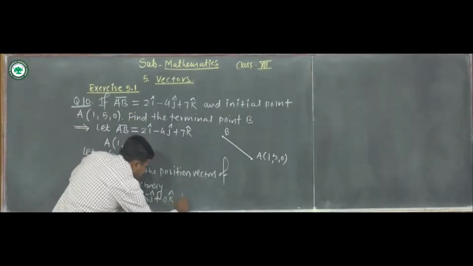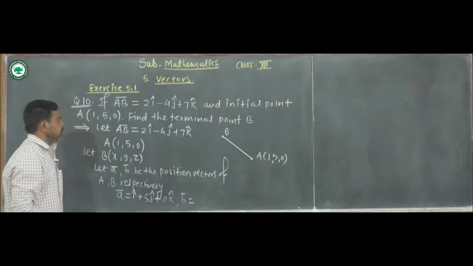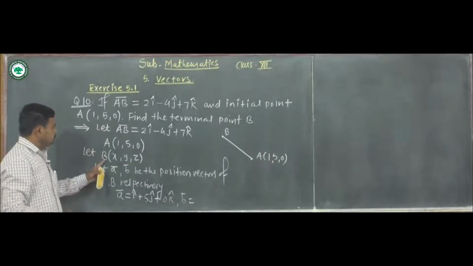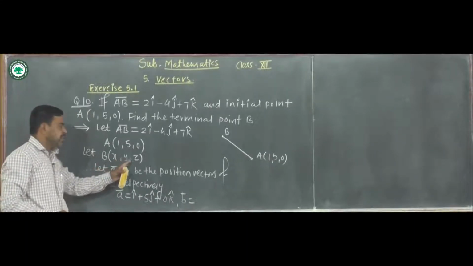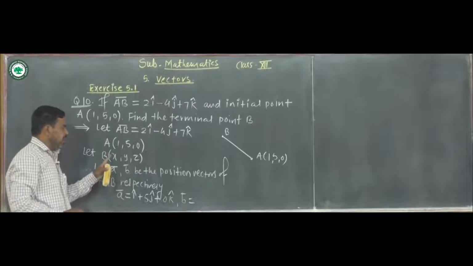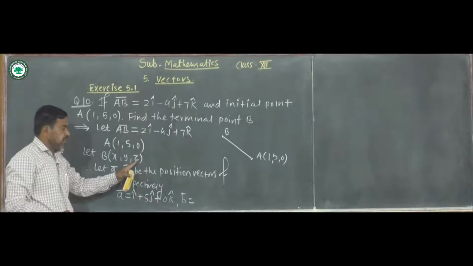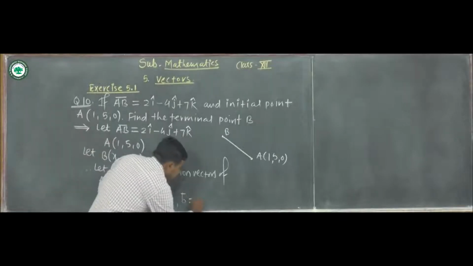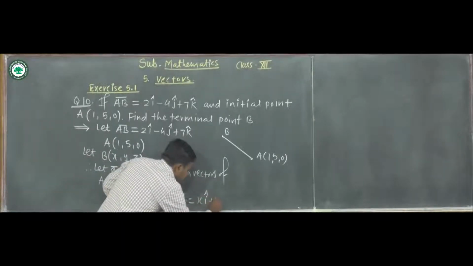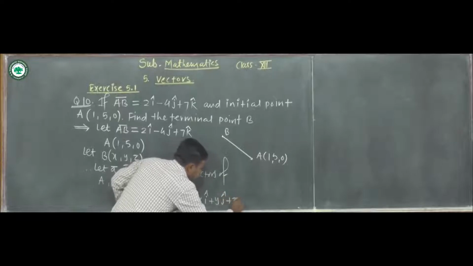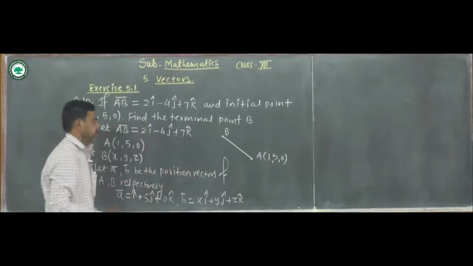This is A bar. Similarly, B bar: the coordinates of point B are x, y, z. So B bar is equal to x into i cap plus y into j cap plus z into k cap.